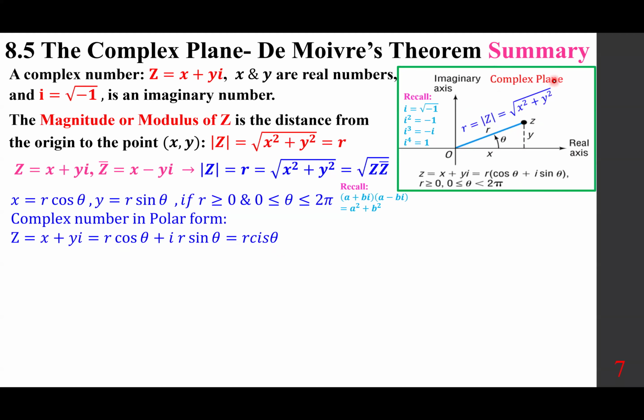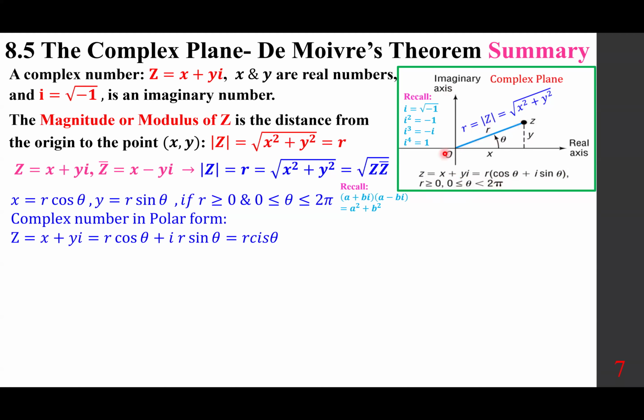Here's a complex plane. The x-axis becomes the real axis, and the y-axis becomes the imaginary axis. z is x plus yi, or r cosine theta plus i sine theta. r is positive, could be 0, and theta is between 0 and 2 pi.